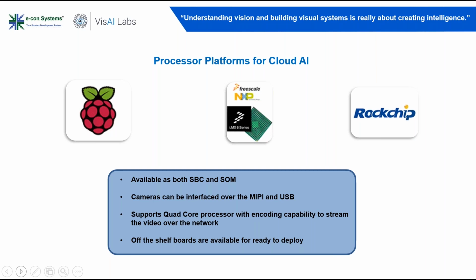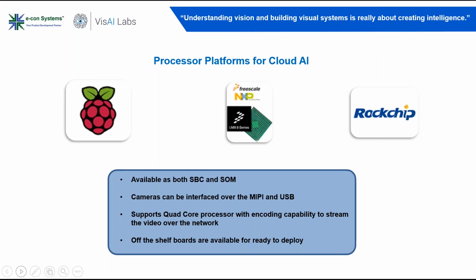These are the most popular processor platforms that are available for cloud-based AI. You can run some basic algorithms on these processors, but you don't really have a dedicated GPU or a TPU or any AI/ML engine running on this.